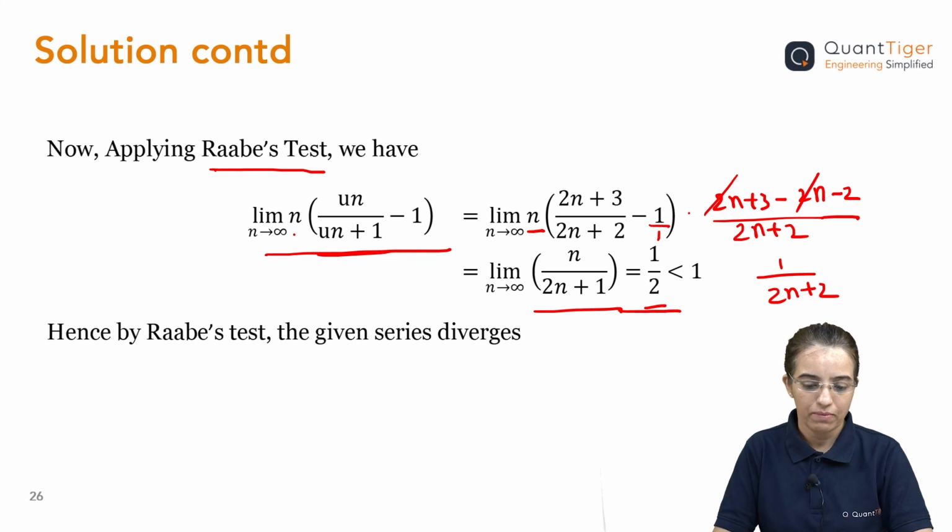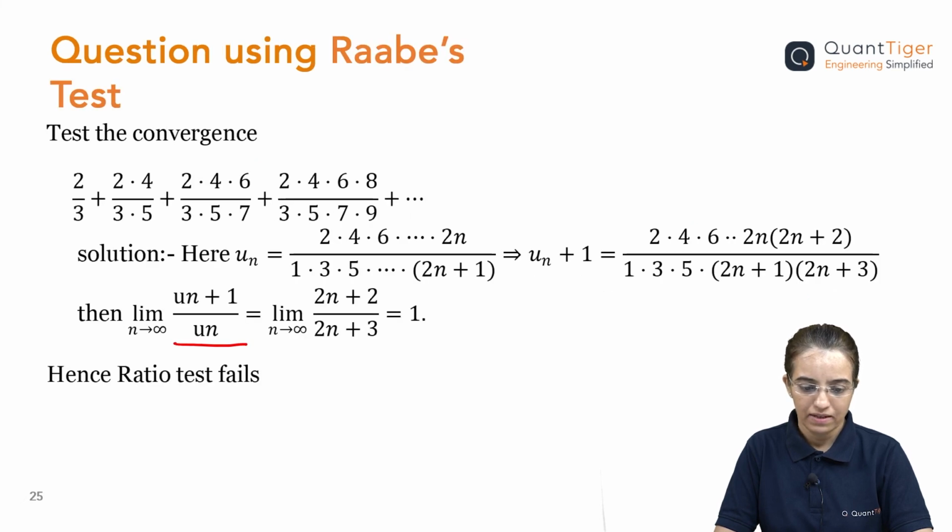Whenever the answer is less than 1, we say that the given series is divergent. So this is how we have applied Raabe's test for the given series to check whether it is convergent or not.